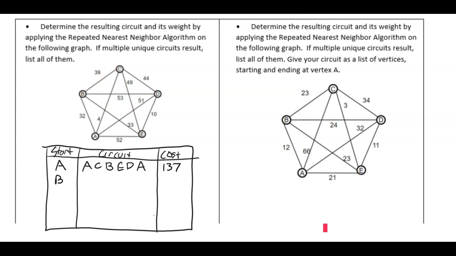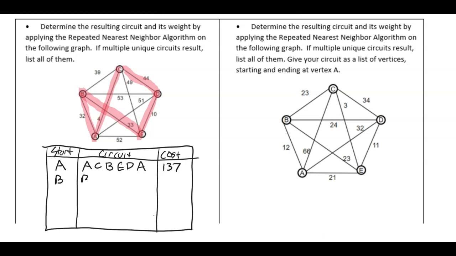From B, the cheapest, 39, 53, 33, 32 is the cheapest. Then to C. Then, again, we can't go back to B. Then the cheapest would be to D. Then we can go to E. And then we complete our circuit.